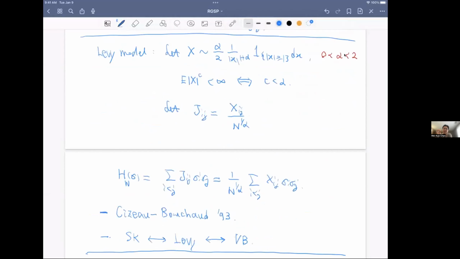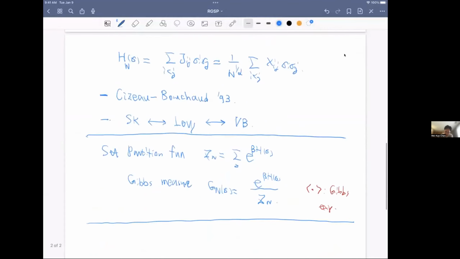You can see that the behavior of the model is quite different in terms of the free energy. At least this is something that we can understand in terms of free energy. There are still many questions widely open. Even at the physics level, people don't know what to expect. So this is a nice model to invest your energy in.